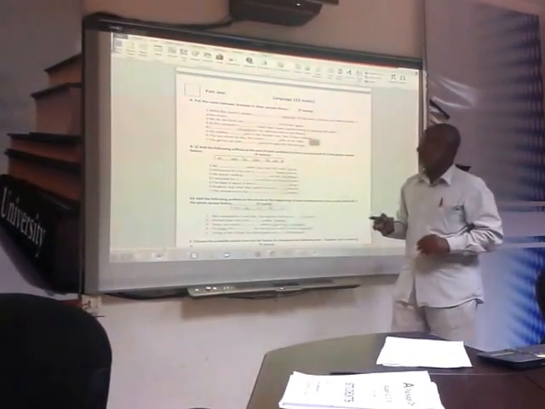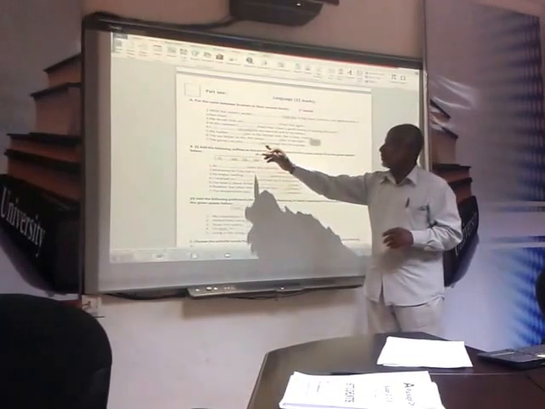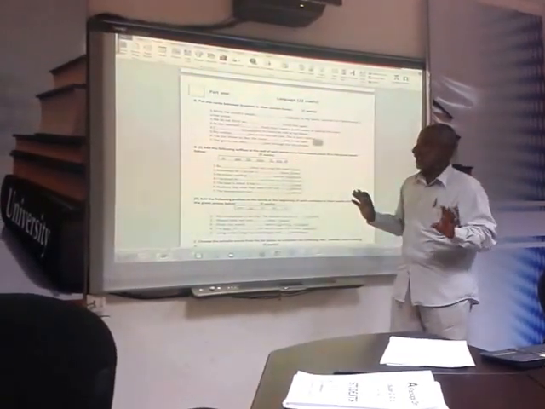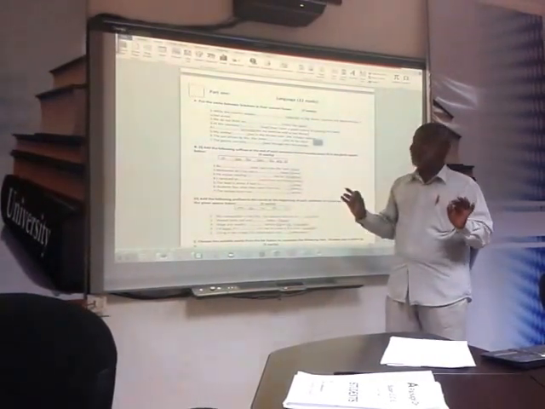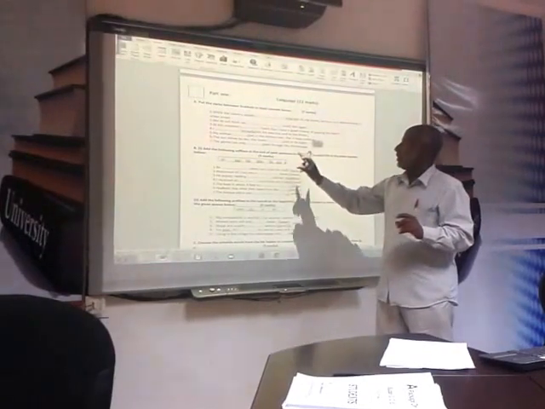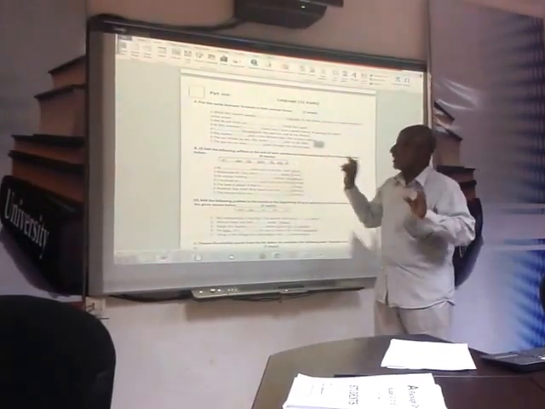Let us have the last one. The germs can only be seen through the microscope. Here we say can be seen. Germs, bacteria can only be seen through the microscope.